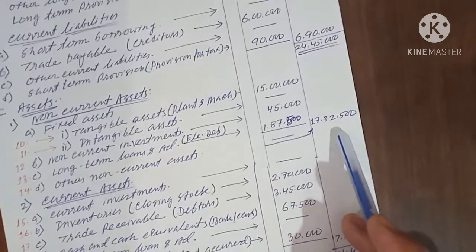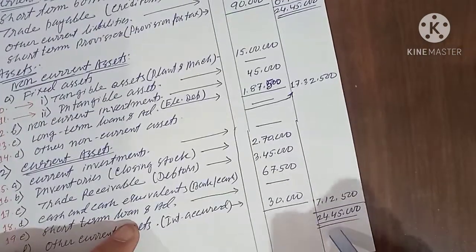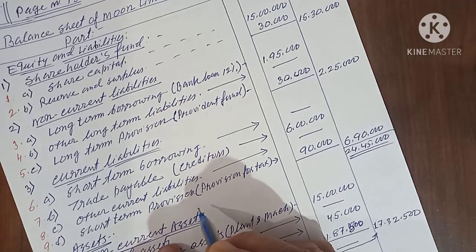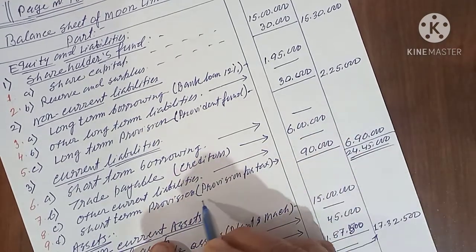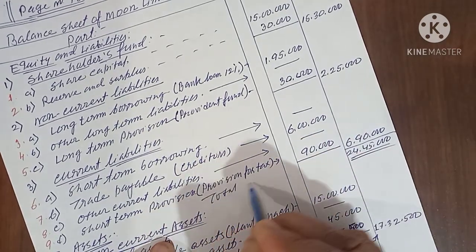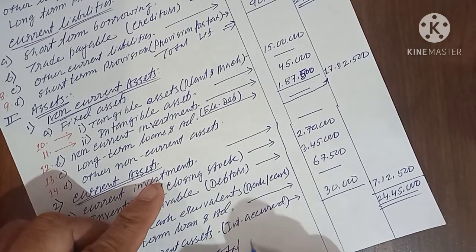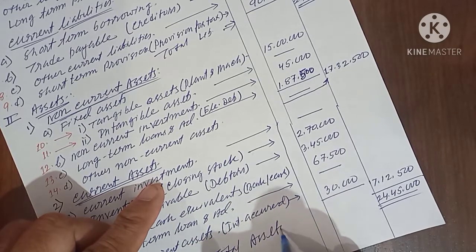And the total of this and this is also 24,45,000. So this is your total liabilities, correct? And this is your total assets.